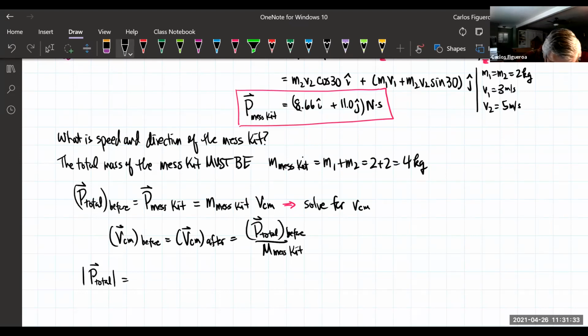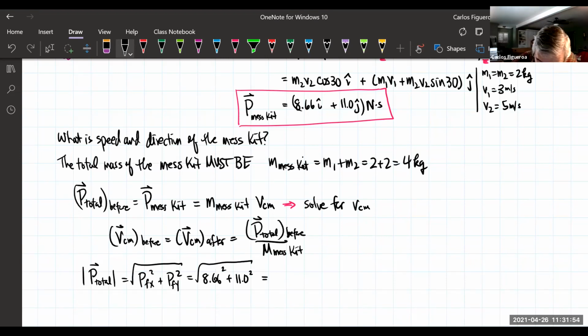So this should be the square root of P final X squared plus P final Y squared. In this case, it was the square root of 8.66 squared plus 11.0 squared.